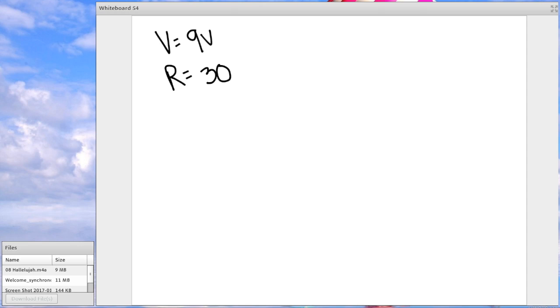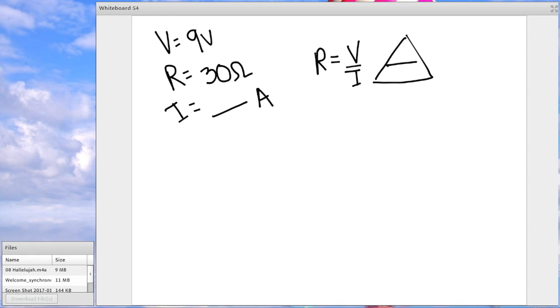I'm just making stuff up. They're asking you for the current. That means you're going to use this formula: R equals V over I. I'm going to put it in the triangle.